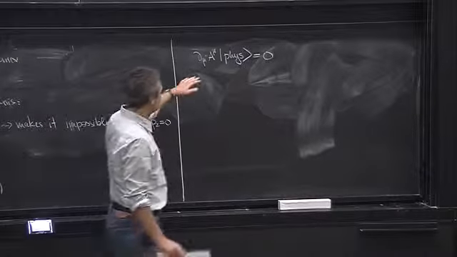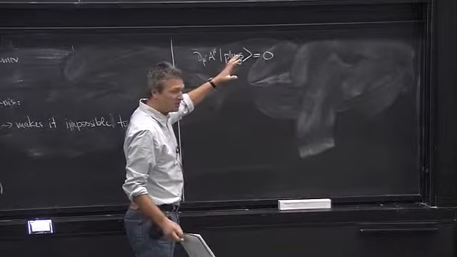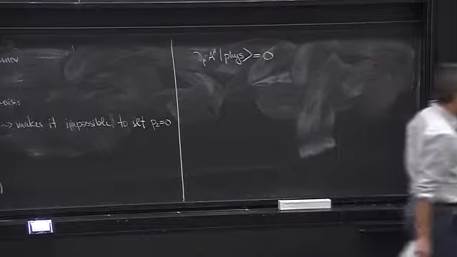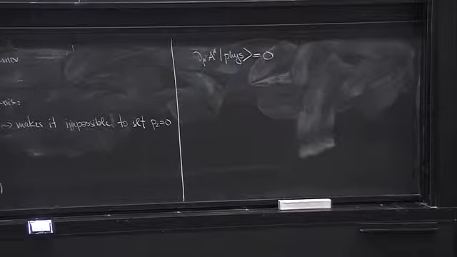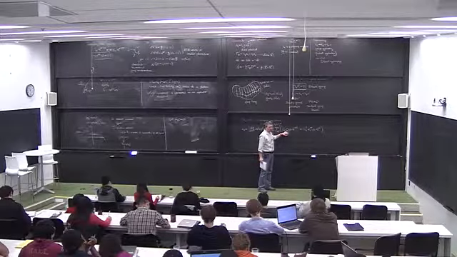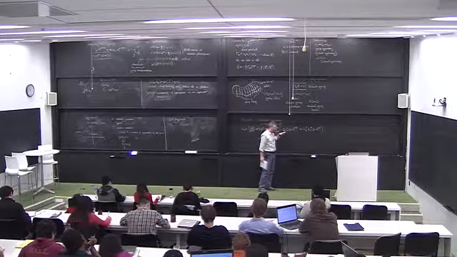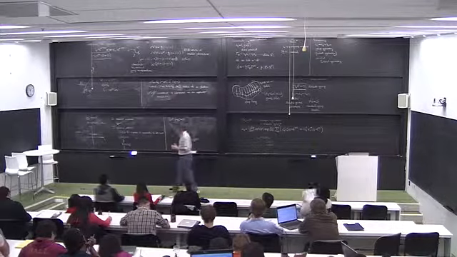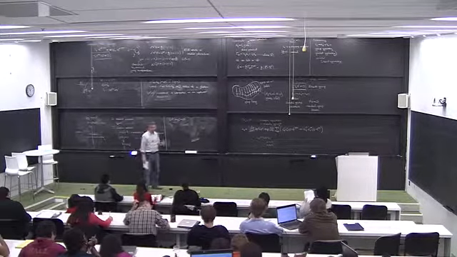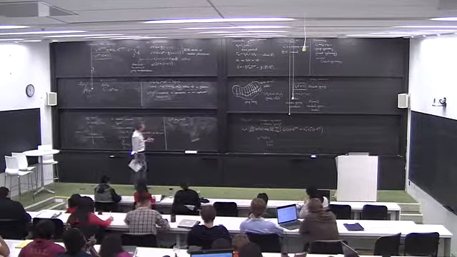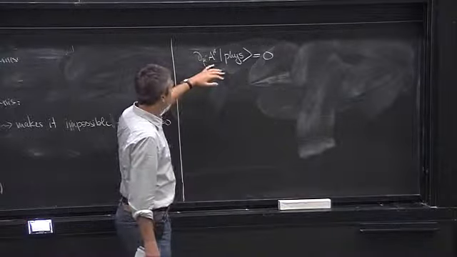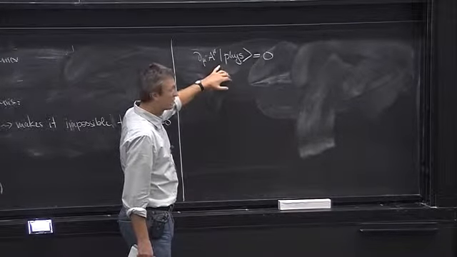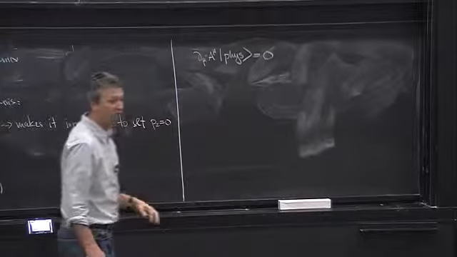So this defines some subspace of the full Hilbert space. So we have to introduce the unphysical oscillators, longitudinal and time-like oscillators, but we eliminate them by saying that our physical states satisfy this condition. Okay.